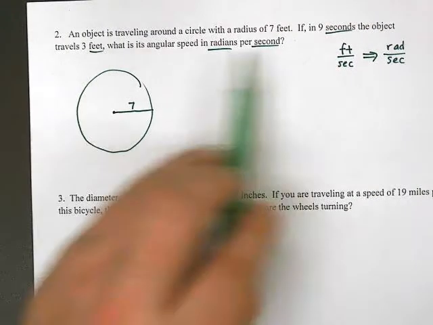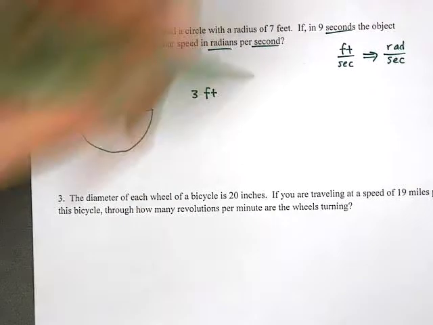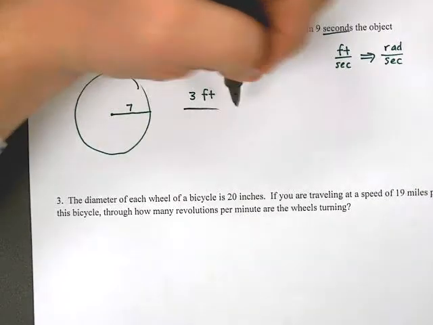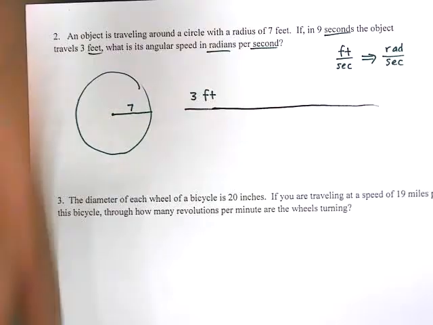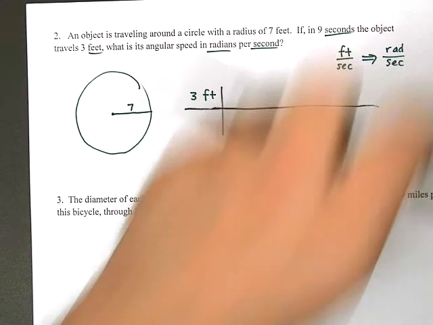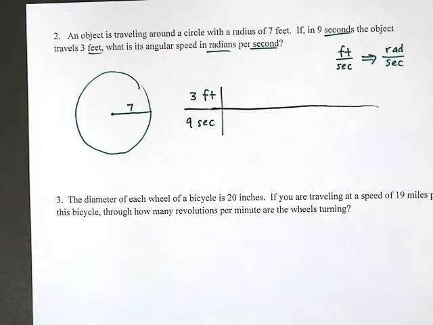Now notice, we had 3 feet per 9 seconds, so I'm going to write it just like that. 3 feet per 9 seconds. Now we need to start trying to convert feet into radians.